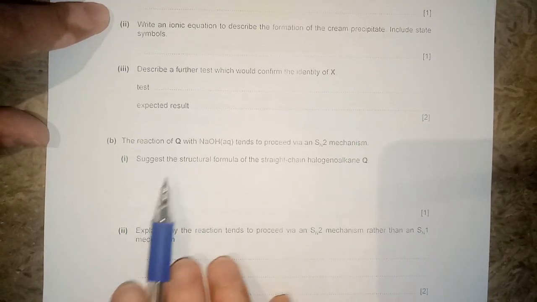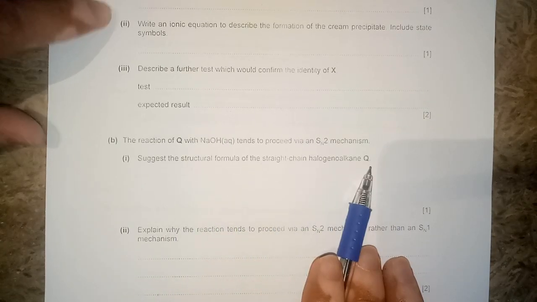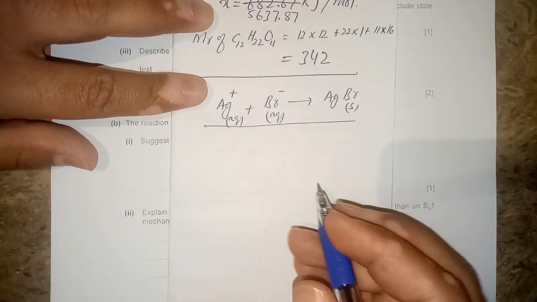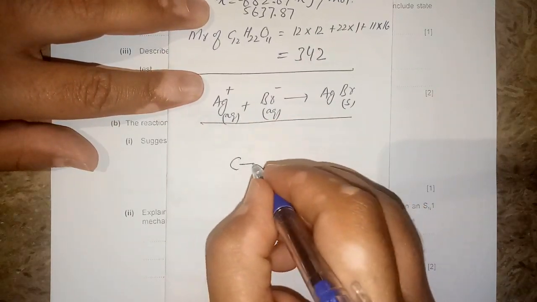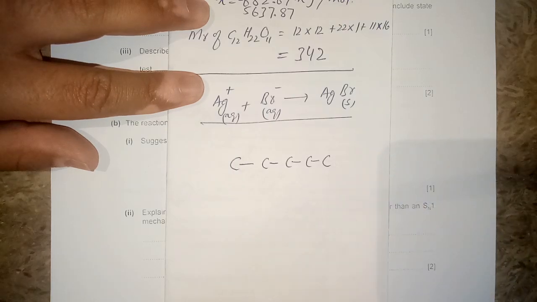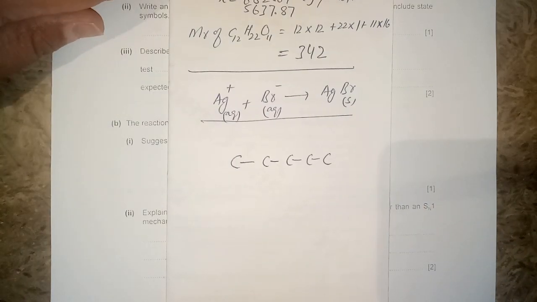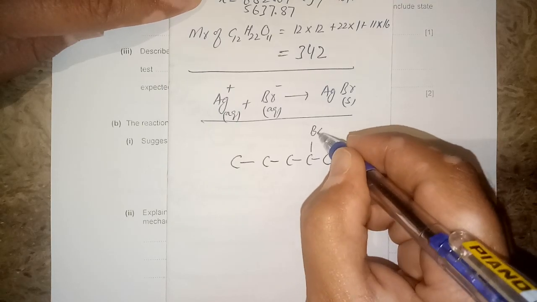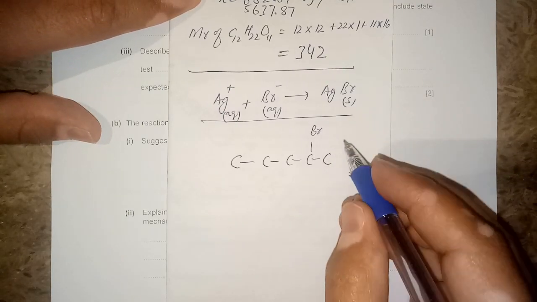Suggest the structural formula of the straight chain. So this clearly indicates that we have the 5-carbon halogenoalkane, 1, 2, 3, 4, 5, in which the halogen, that is bromine, is connected to the position which makes it a secondary halogenoalkane.